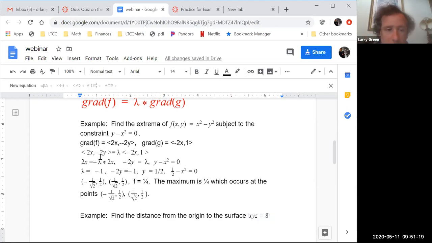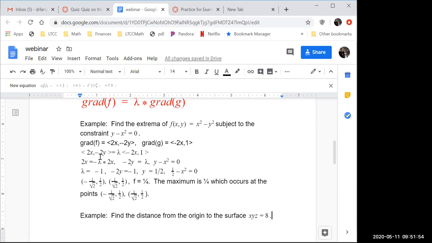Okay. So what does it mean to even say find the distance from a point to a surface? What does it mean to say find the distance from the origin to the surface?